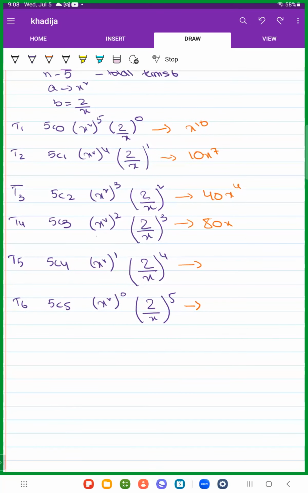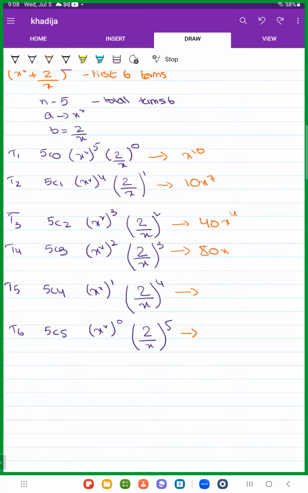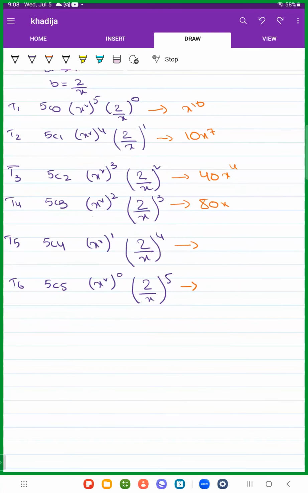I'll just take a picture of that. This would be... It's gonna be 80 over x squared for term 5.